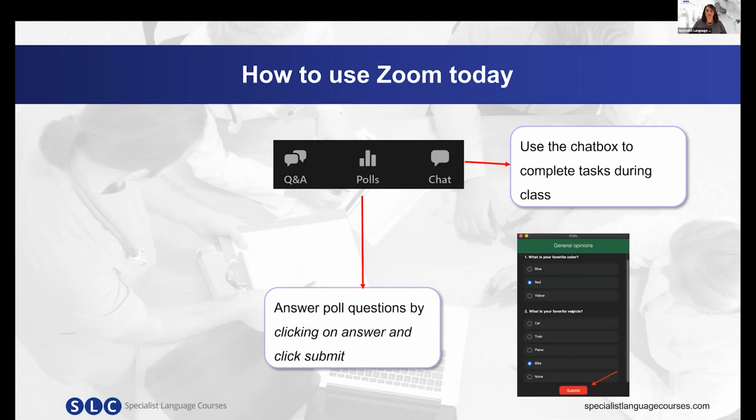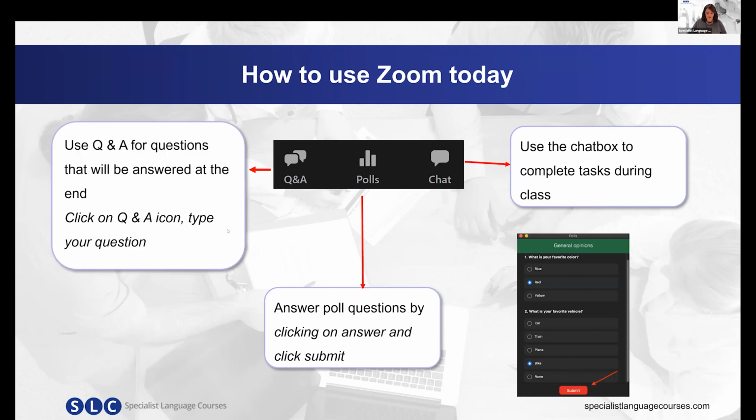In order to answer the poll, choose the answer that you want and then click submit. And then we also have the question and answer function. We will have time for questions at the end. If you have a question about our session today, please pop it into the Q&A box, and we'll do our best to answer these at the end today.